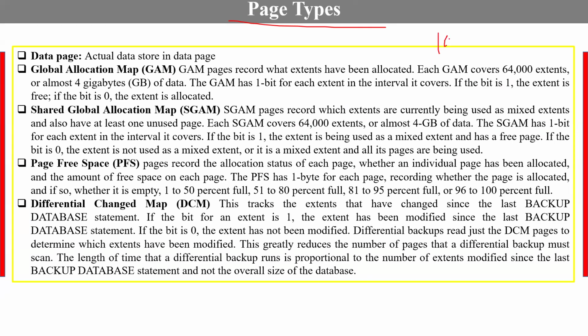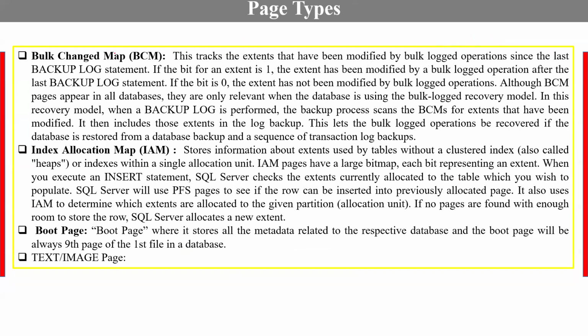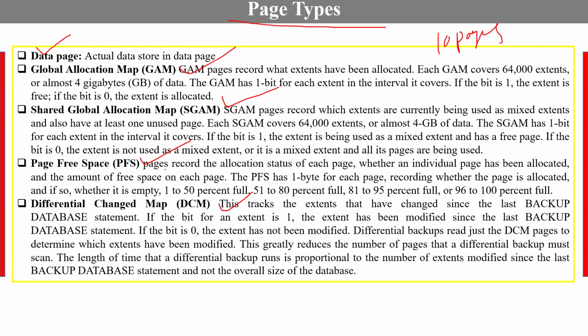Totally, we have 10 pages: database boot page, GAM page, SGAM page, PFS page, DCM page, BCM page, IAM page, boot page, text page, image page. Total almost 10 page types are available in SQL Server. Will I need to remember all this stuff, Subbu? Yes, you need to remember.